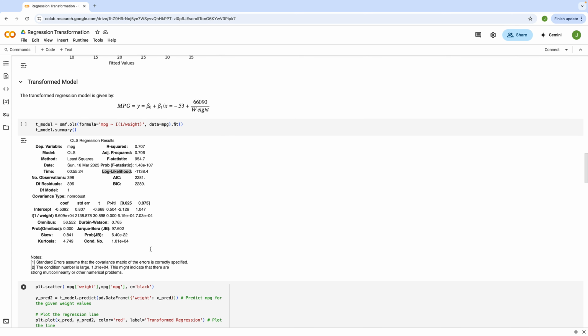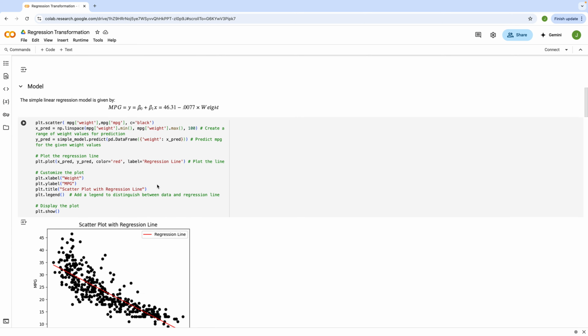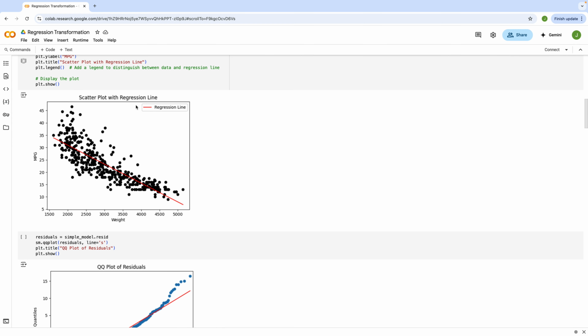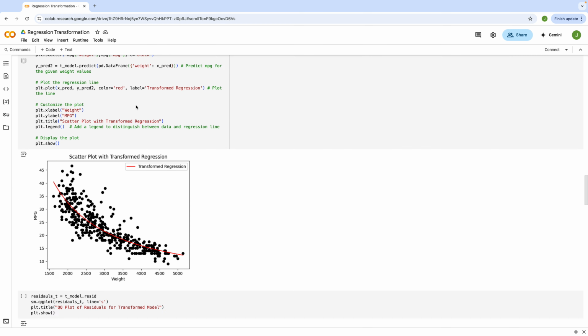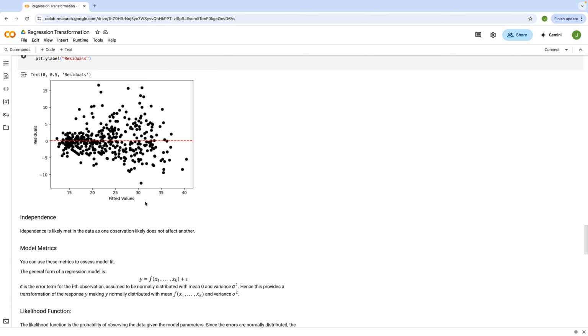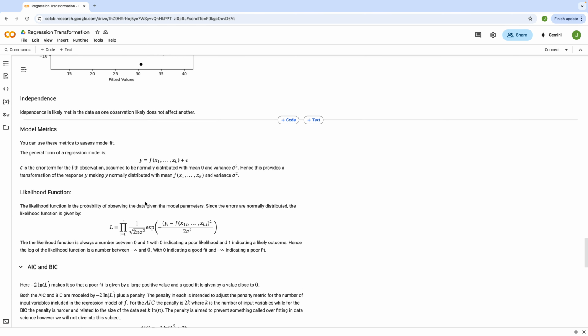So now we can compare those two metrics, minus 1138, and here we have minus 1148. So this one's slightly more negative, not by a whole lot, but if we were to go off of that metric, the model I would choose is the one with the curvature. Okay, so that's one metric.